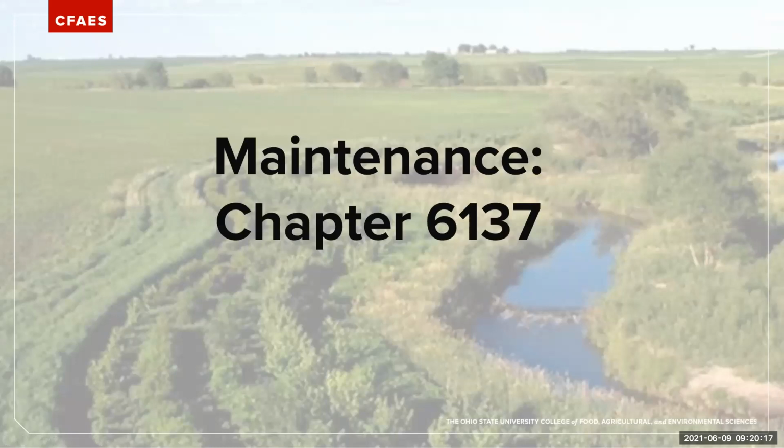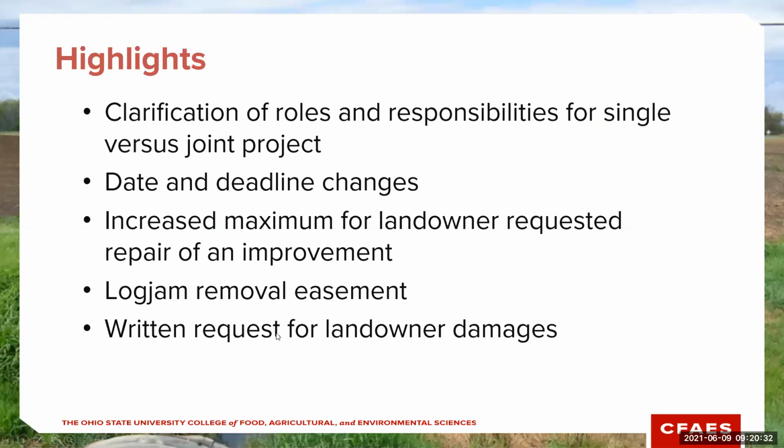And then looking last at chapter 6137, we have a couple of changes in regards to maintenance of those projects once they are approved and in place. I want to highlight those. There were some issues again with single county versus joint county maintenance, so we clarified roles and responsibilities in regards to those joint projects.